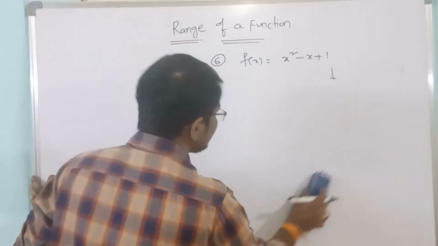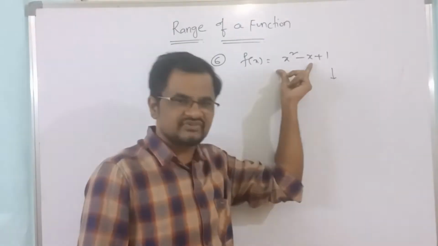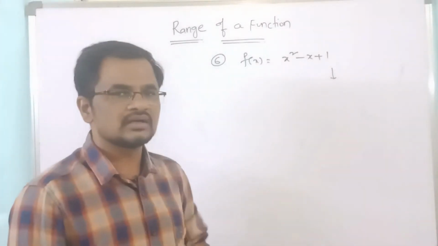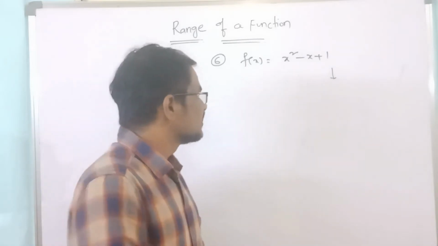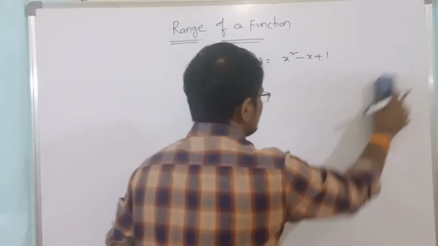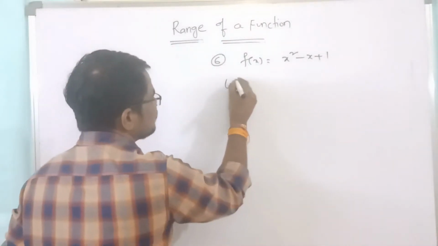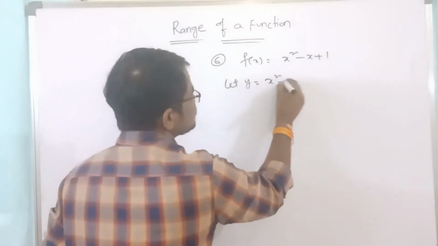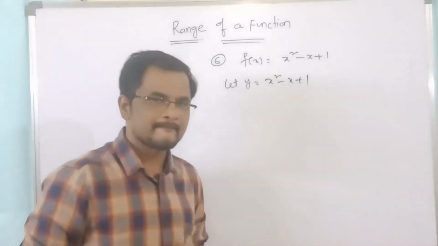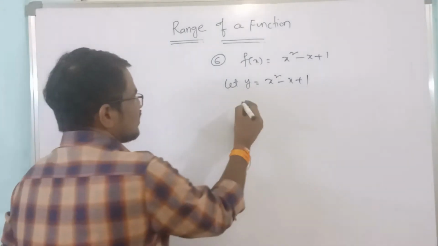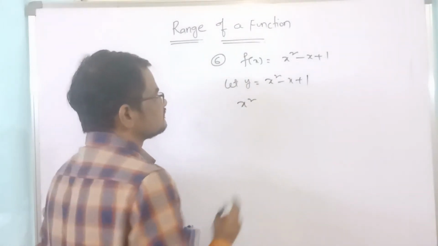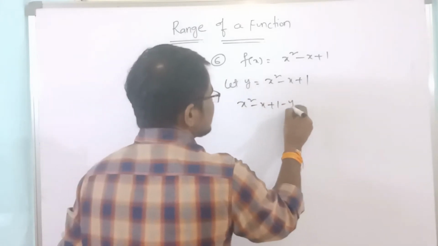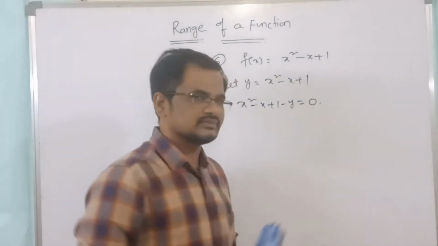Suppose here, by taking the perfect square, we found the range of this function. So by using the discriminant, how to find? For that we have to take the given quadratic function as y equal to x square minus x plus 1. Now x square minus x plus 1 minus y equal to 0.